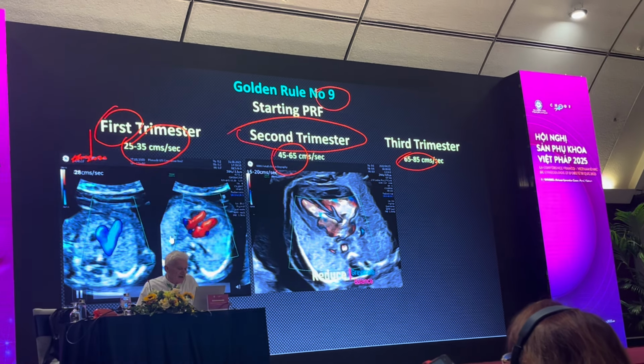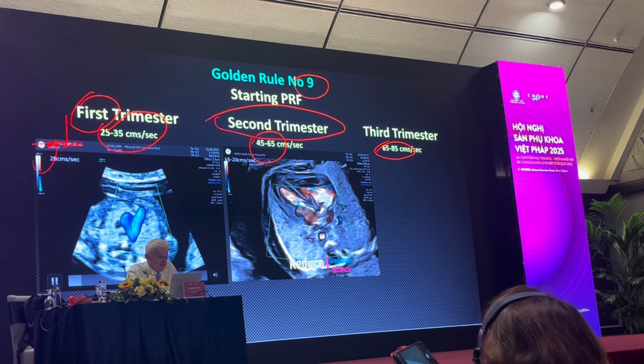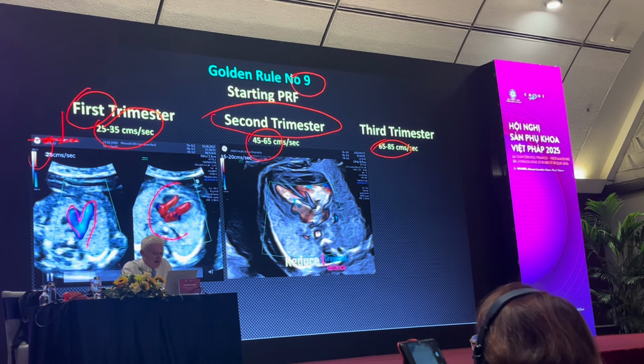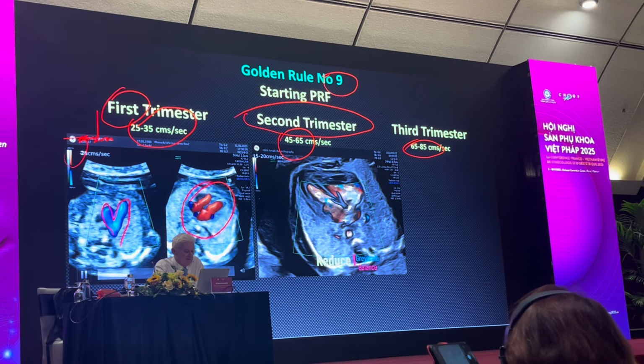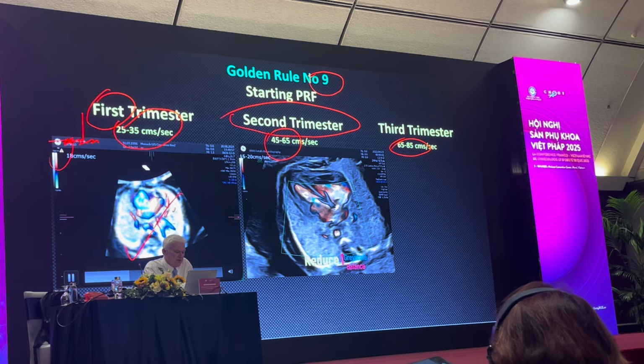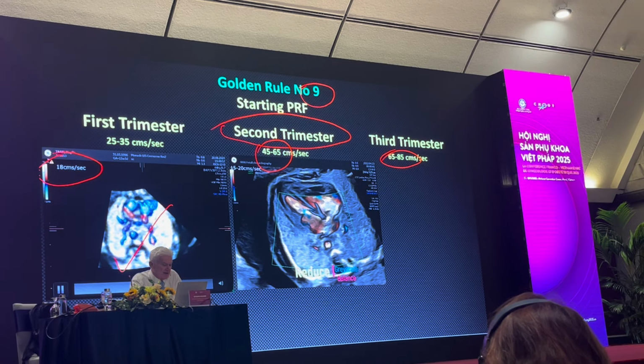When you're looking at inflow, you set the red on top. So you see these 3 vessels field of view, and you demonstrate the inflow into the ventricles. This is a first trimester scan. If you want to see the pulmonary veins in the first trimester, then you reduce your PRF to 18 centimeters a second.